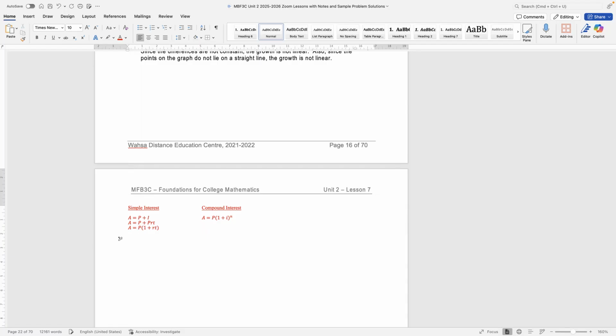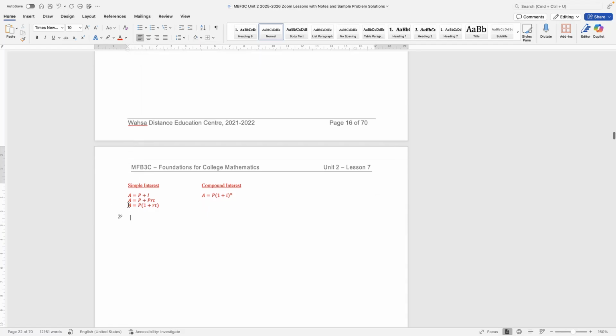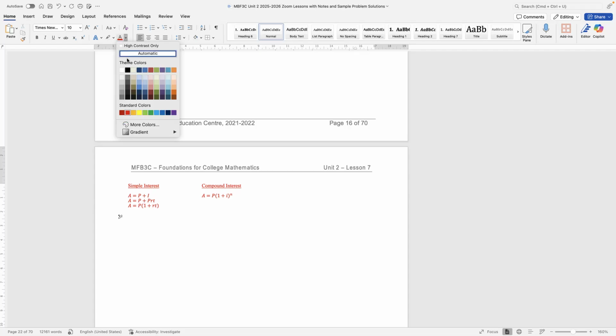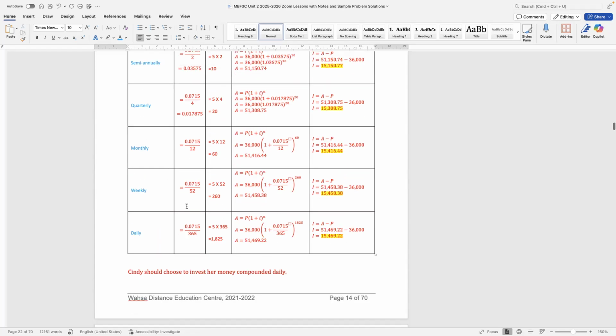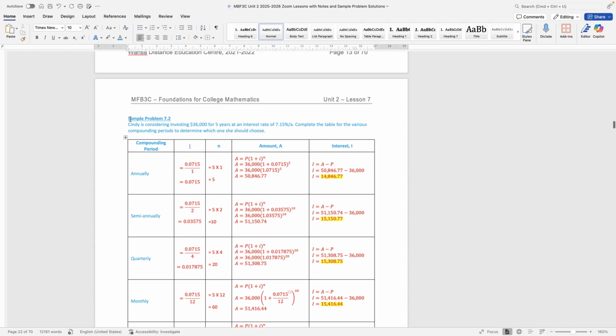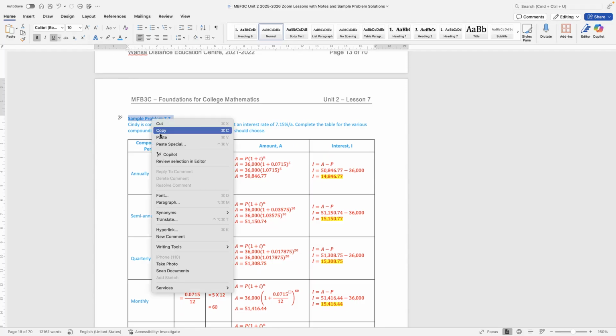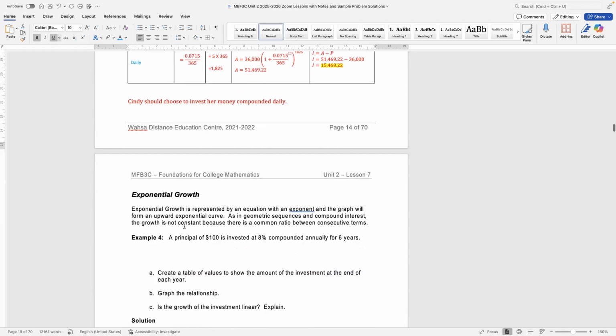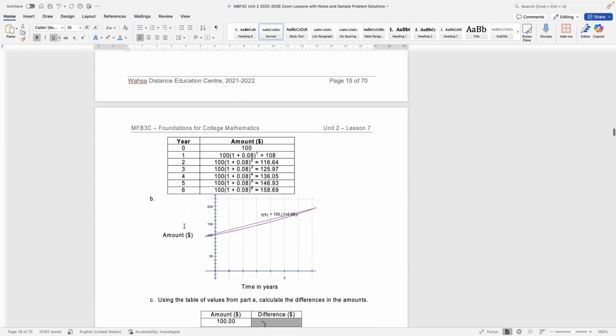Let's change the text to blue here, and let's do a sample problem. So this will be sample problem number 7.3.